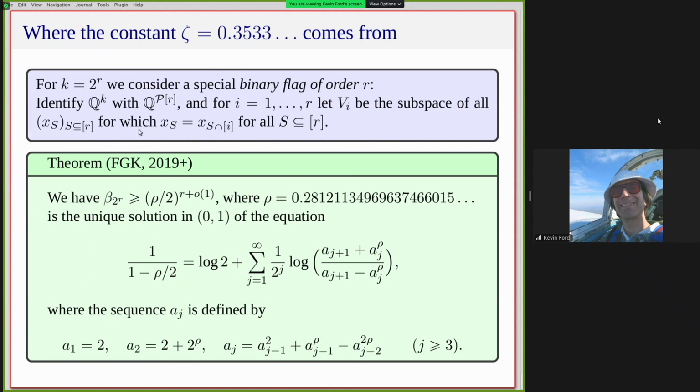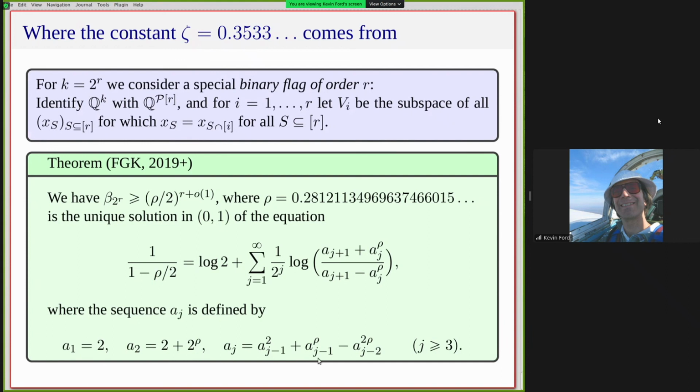And okay, so this is kind of a special definition. Then we're able to prove that the beta parameter with index 2 to the R is at least rho over 2 to the R, essentially, where rho is a very specific number. And after some long, difficult analysis, it turns out that it's the unique solution of a very messy looking transcendental equation.